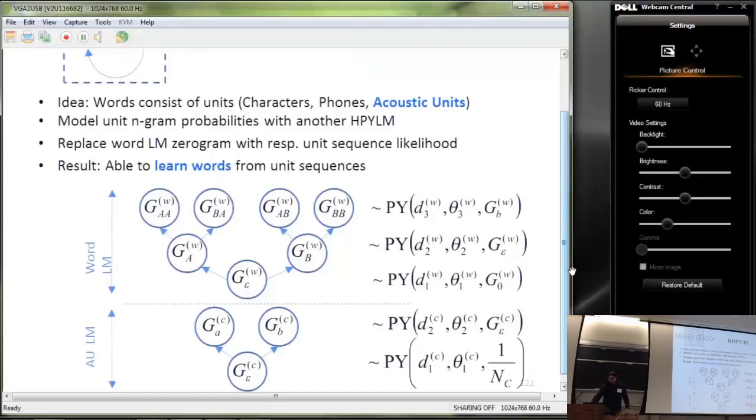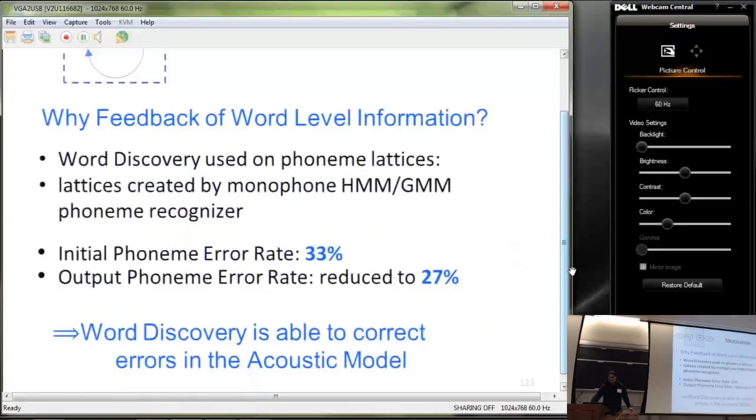With this idea, why should we feed back word level information to the acoustic unit discovery? With this system, there were already experiments done on a phoneme lattice. It was done on a monophone HMM-GMM phoneme recognizer, which had an initial phoneme error rate of 33%.